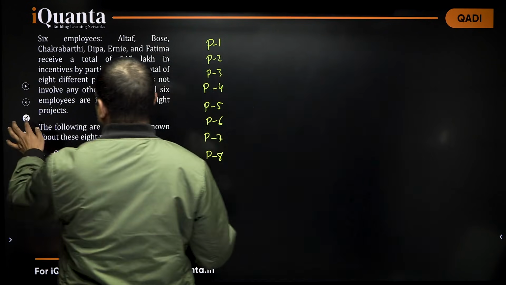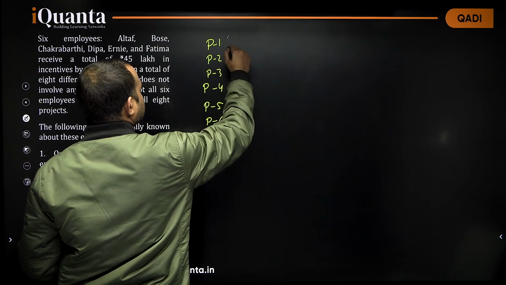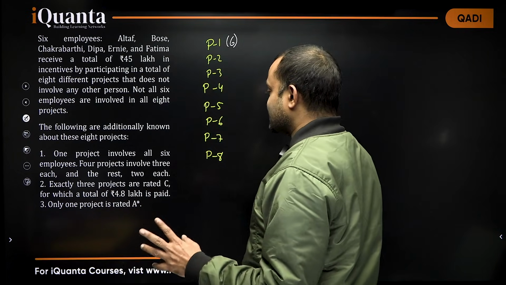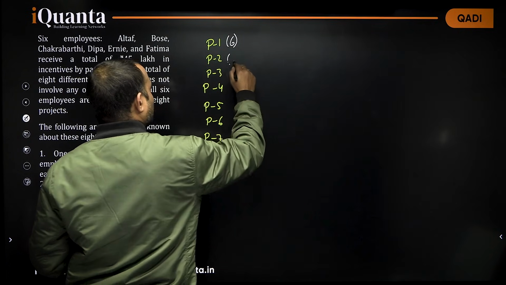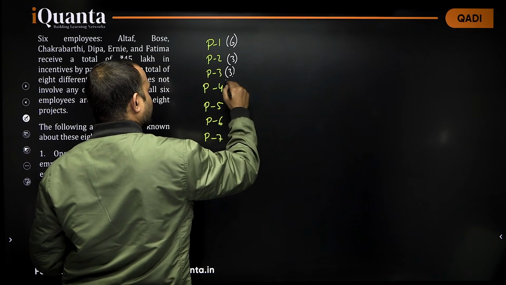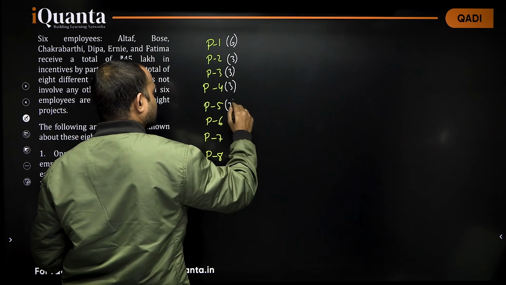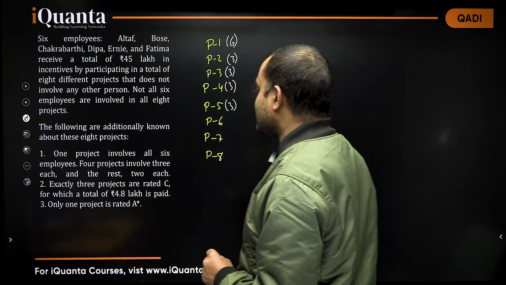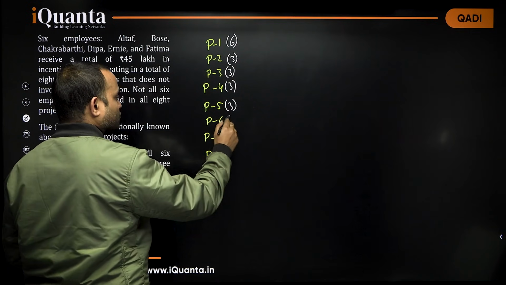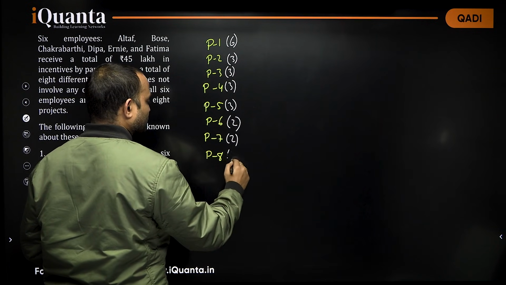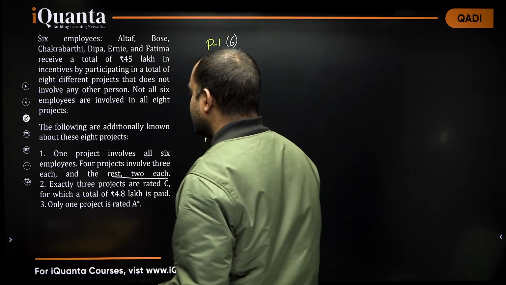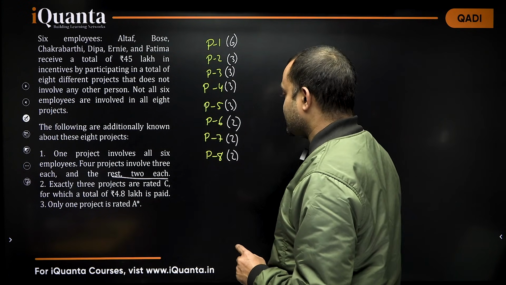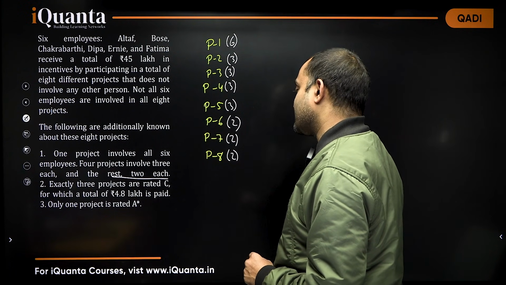So one of the projects has all the 6 employees, right? 4 projects involve 3 each. Exactly 3 projects are rated C, and the rest of the projects have 2 members each. Okay. Exactly 3 projects are rated C, for which a total of 4.8 lakhs is paid.